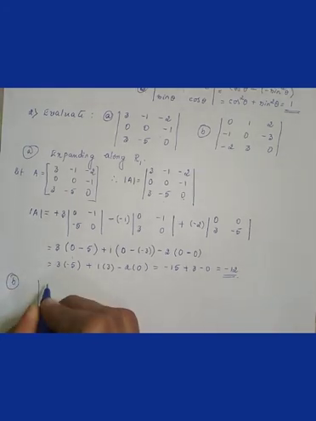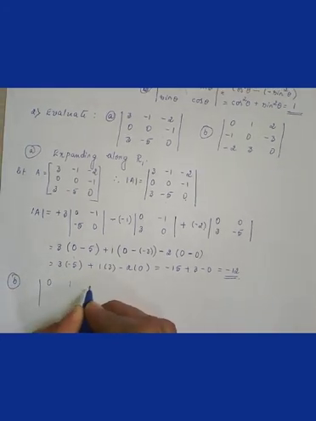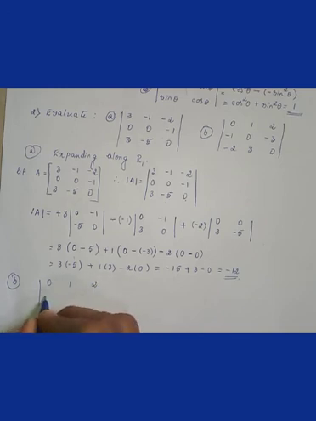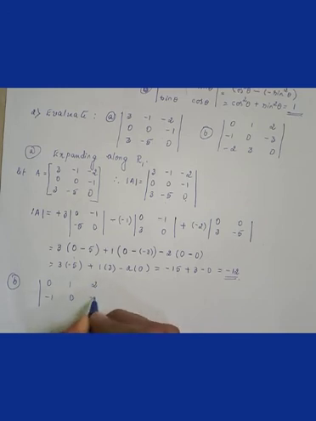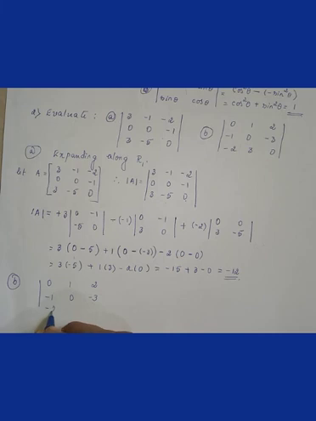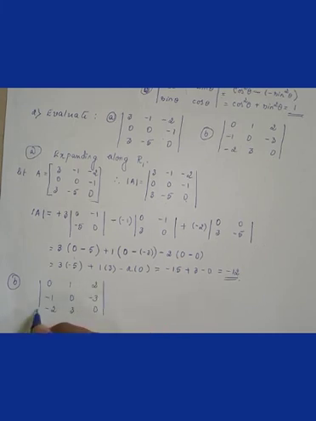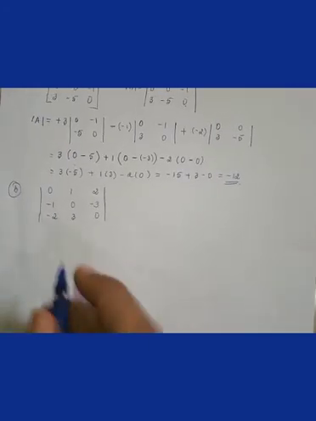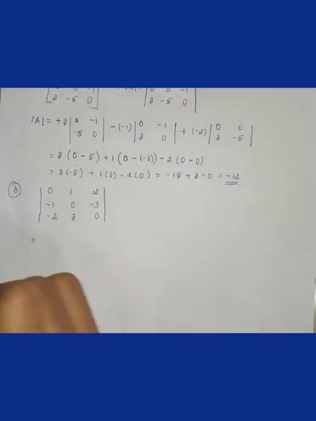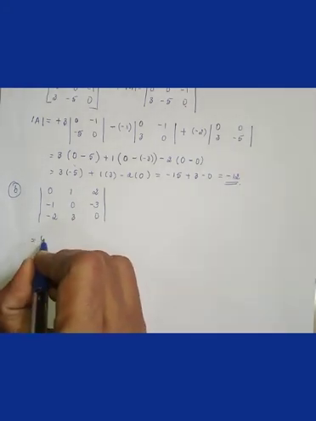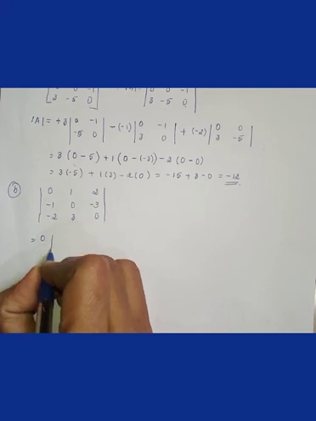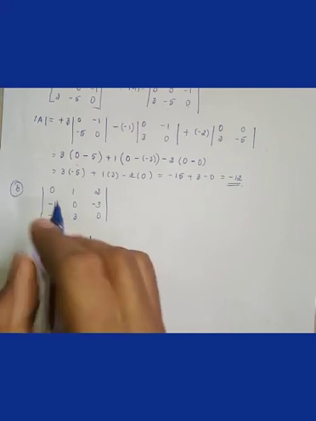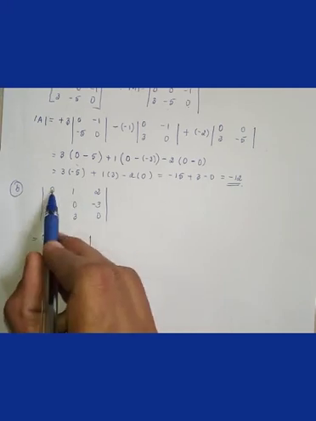Determinant of 0, 1, 2, minus 1, 0, minus 3, minus 2, 3, 0. Again, I'll expand along the first row. So this is equal to first entry 0 into plus 0, determinant of, delete the first row, first column.